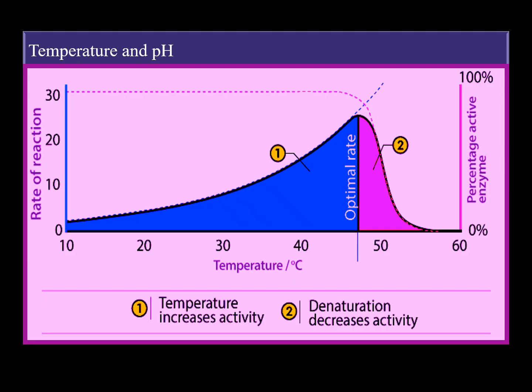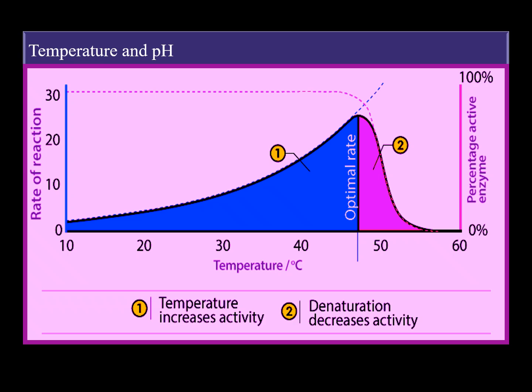Now we study the effects of temperature and pH. Enzymes have an optimum temperature and optimum pH. At optimum conditions, enzyme activity is highest. In humans, many enzymes work best around 37 degrees Celsius. If temperature increases too much, the enzyme gets denatured and loses activity.